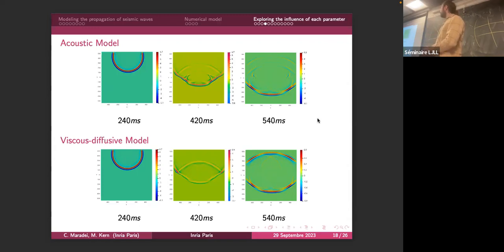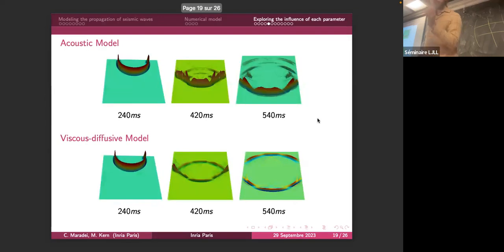While on the viscous diffusive model, we really have one wave that is transmitted, and one reflection. Overall, everything is dampened in the viscous diffusive model. Maybe we can see better on the 3D snapshots. We really see that the damping is much stronger than if we used just the acoustic model.